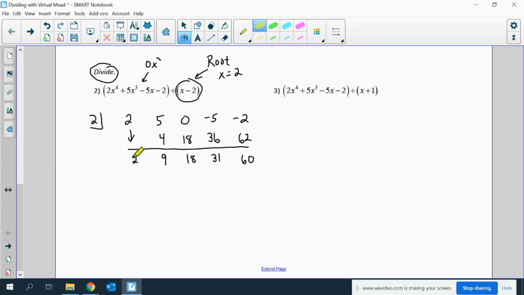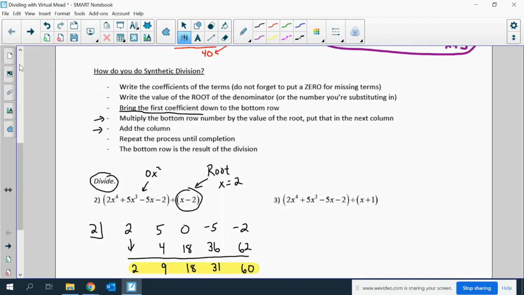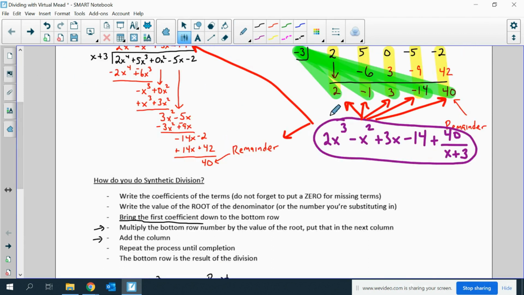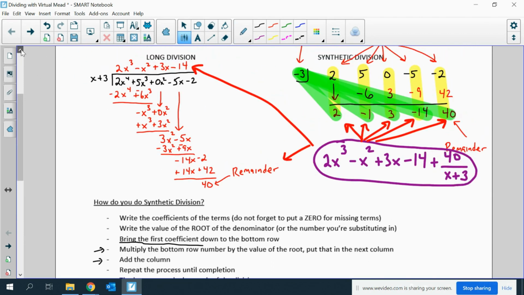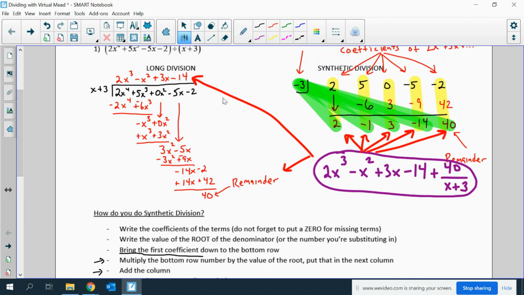these numbers down here are the coefficients, the results of the division, just like they were originally when we did this. Notice that these numbers were the same as these numbers.